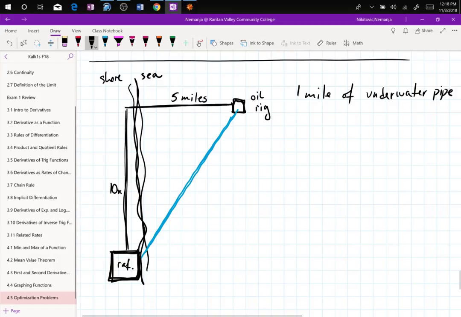So what? 1 million. Let's go with 1 million. $1 million for 1 mile underwater. 1 mile on ground: $200, $300, $250. Okay, $250,000. These things cost a lot, guys. You know those power towers?